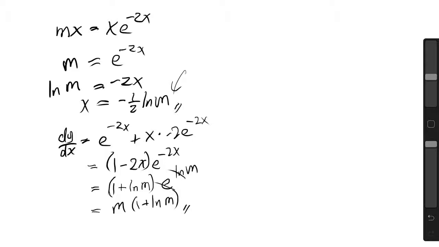So now we have part 3, which is show that m is e to the minus 2 and find the exact coordinates of P. I know that dy by dx is this. Let's see, how can I do this?